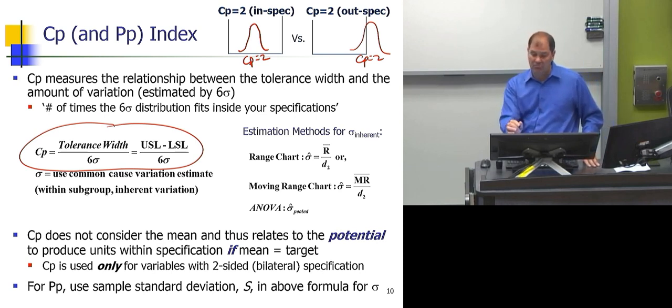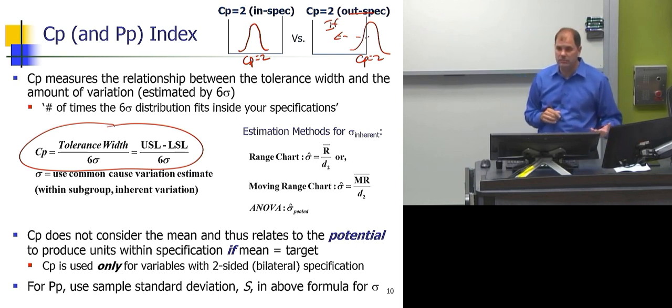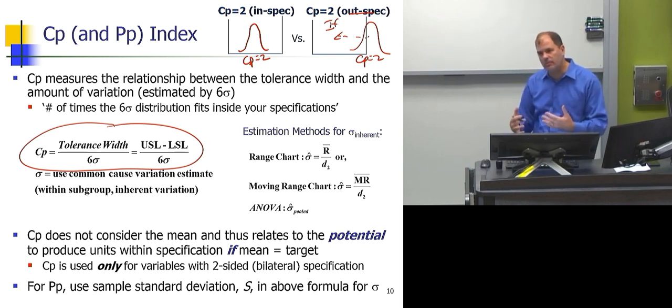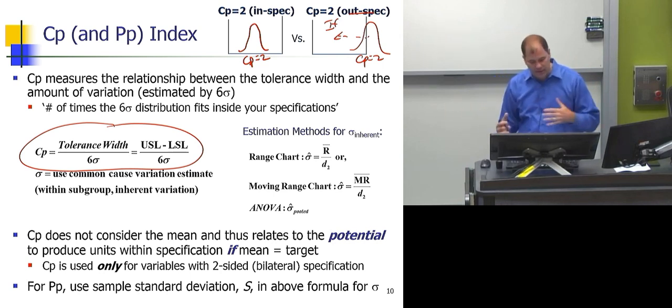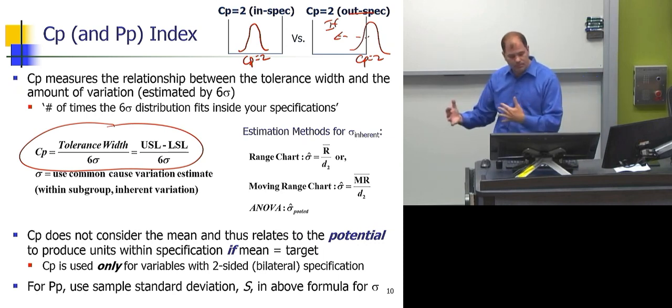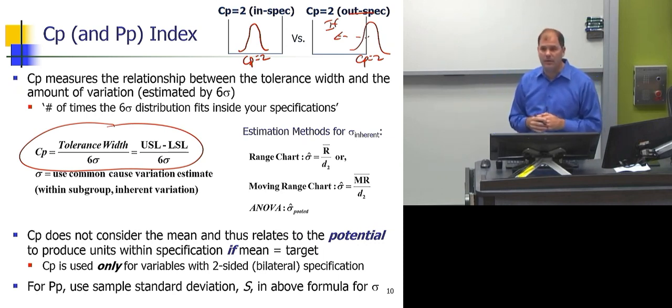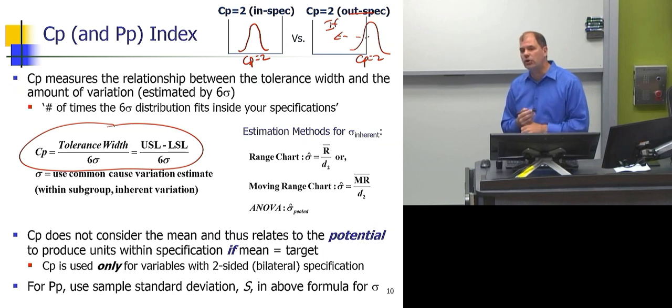Now, in this case, I'm getting a lot of out-of-specification conditions. However, if I could shift the mean, this process has low variation. Again, CP is giving me a measure of whether or not I have low variation or not. And it's taken the mean out of the equation because it's assuming that I'm going to treat the mean separately, and if I could shift it, how good could I get?